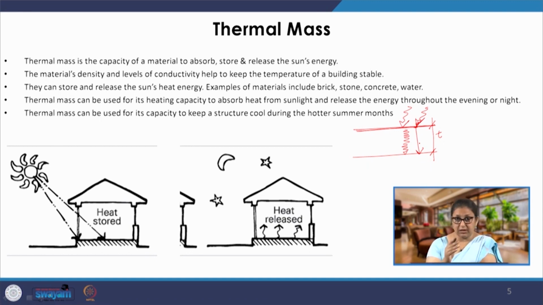So, assuming that the body is in a cooled down state and is at atmospheric temperature, and it is a very thick stone wall like you would have seen in some of the forts in India, probably 1 meter or 1.5 meter thick.